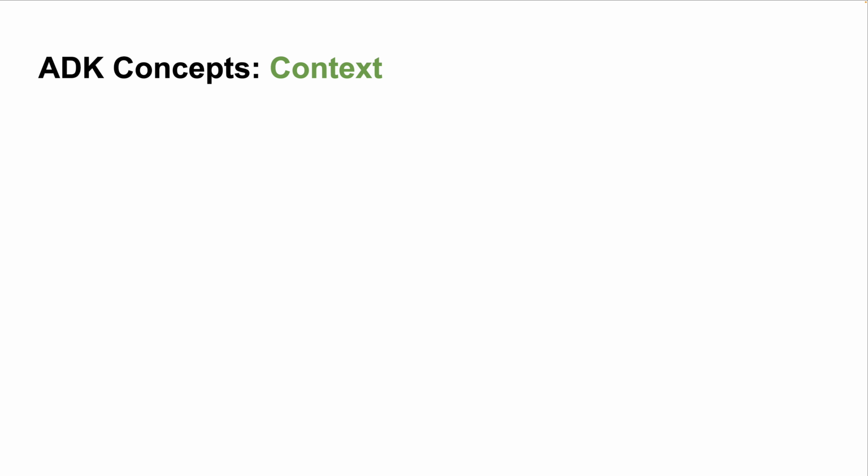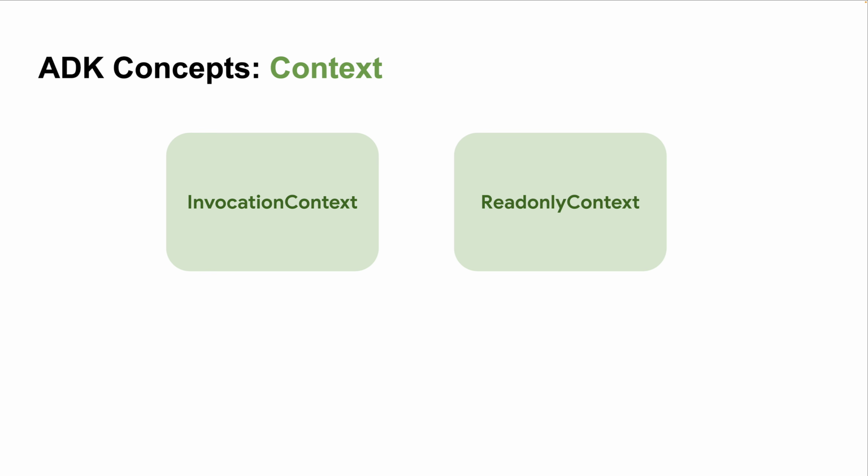Okay, so let's talk about different types of context. Invocation context provides access to the entire state of the current invocation. This is the most comprehensive context object. Then there's read-only context, which is provided in scenarios where only read access to basic information is needed and mutation is disallowed. Next is callback context. We already mentioned this one briefly before.